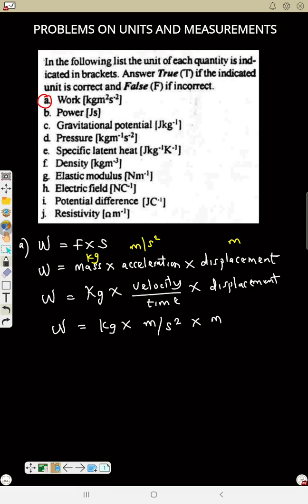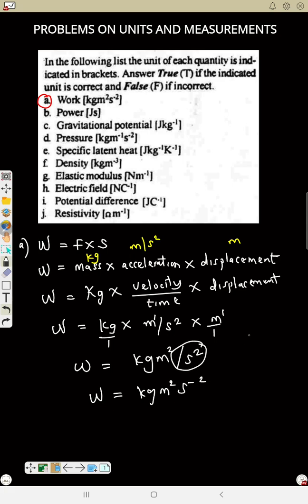So how many meters do we have here now? Meter raised to power 1 over another meter raised to power 1. So work done is kilogram meter square per second square. If you look at the way they write it there, they write it as kilogram meter square per second square, that is, s raised to power 1 over s square, which is s raised to power minus 2.